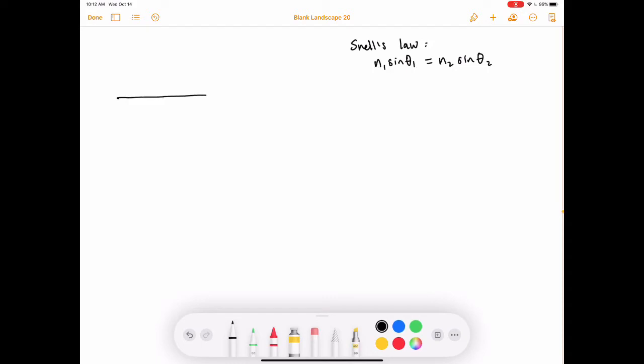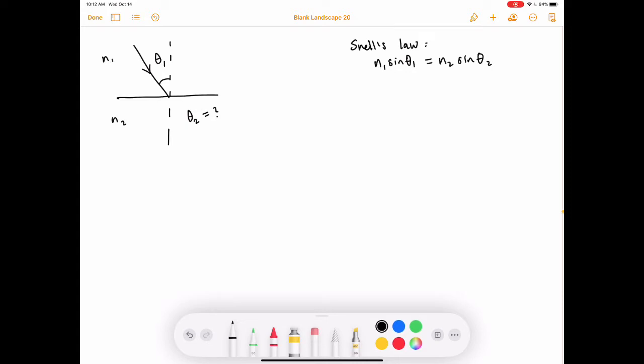So the idea is we have some kind of interface between two materials. N1 is up here, N2 is down here. This is the normal line. And so the incoming ray comes in at an angle which we'll call theta 1.